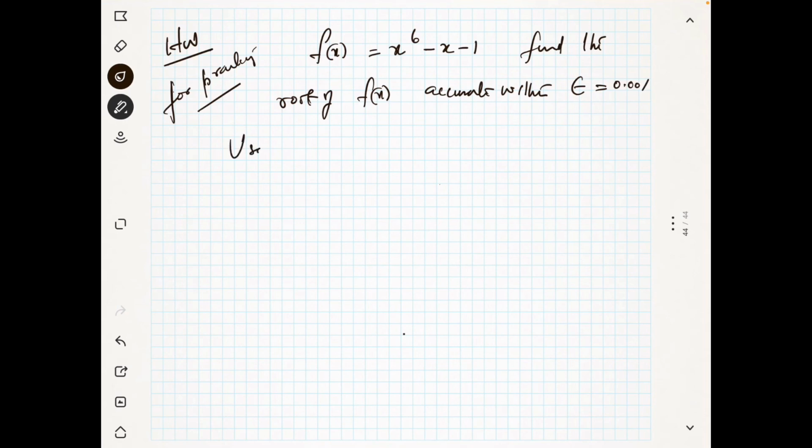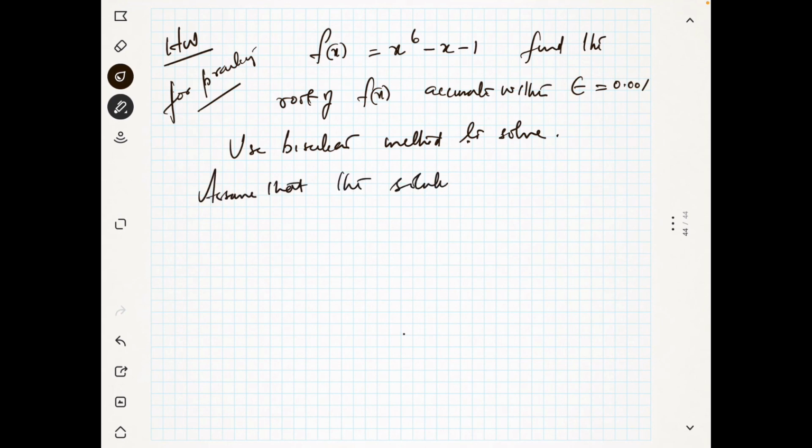So use the bisection method to solve. Assume that the solution is between 1 and 2. That means a equal to 1 and b equal to 2. Okay, so please try to solve this problem.